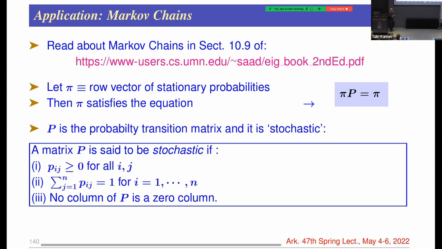It's a left eigenvector for the matrix P. It's the corresponding left eigenvector associated with eigenvalue 1, called pi, a row vector. And that has an important meaning. It's the row of stationary probabilities.